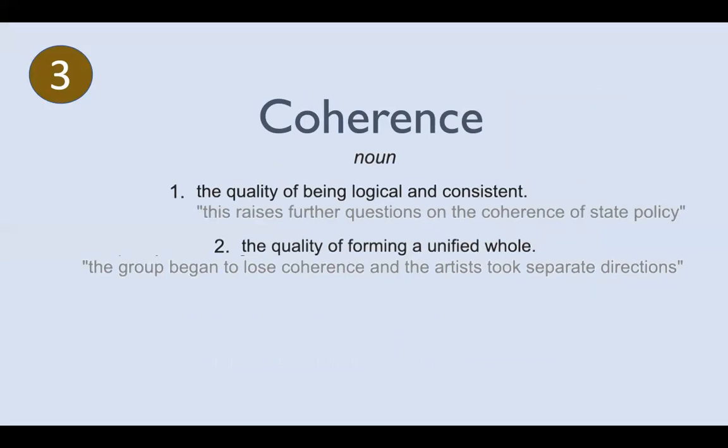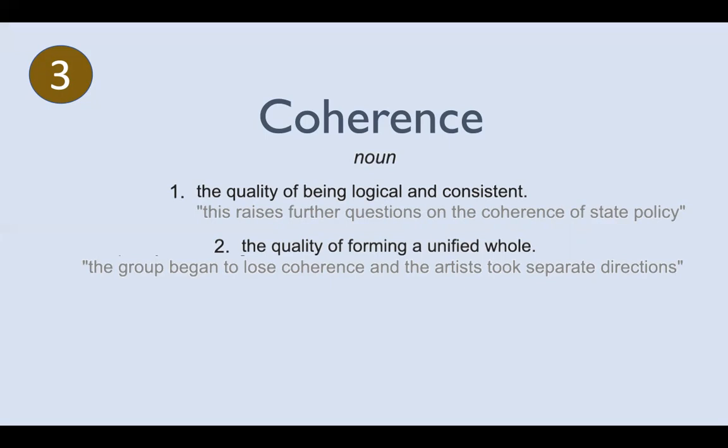The third mini lecture I'm going to talk about is about a related concept of coherence. A paper that has flow is something very good, but by itself, it does not necessarily mean that it will also be coherent. So when we are talking of coherent, we want it to be logical and consistent. These are just dictionary meanings of coherence.